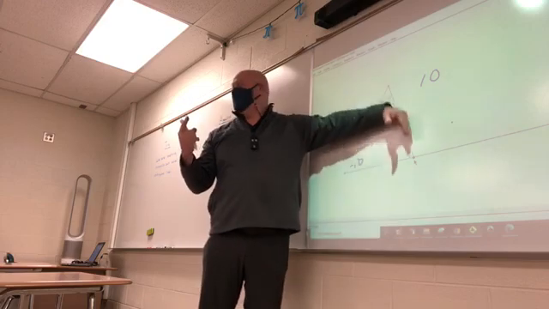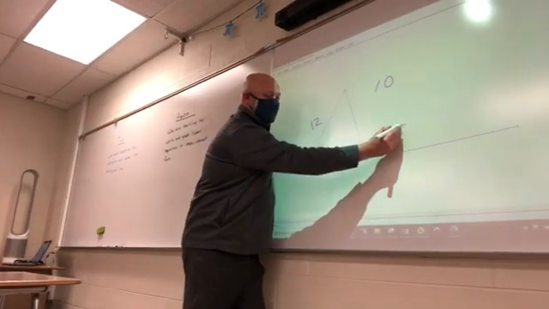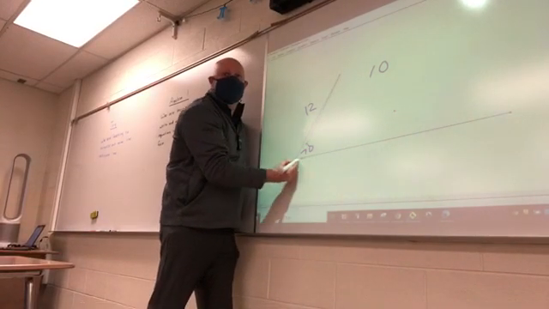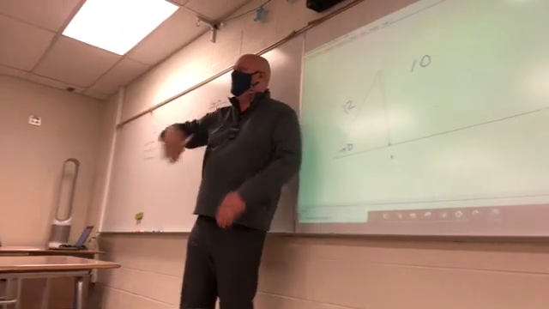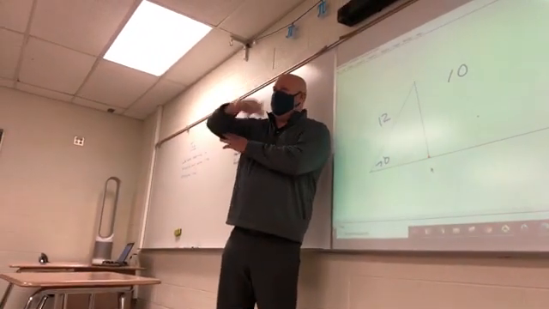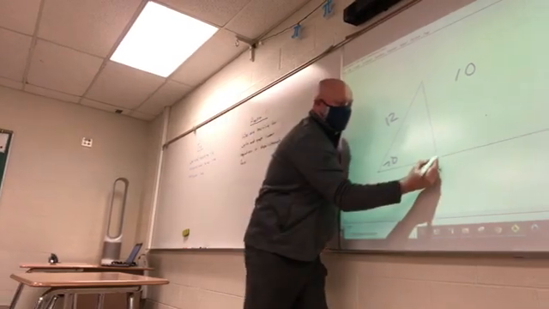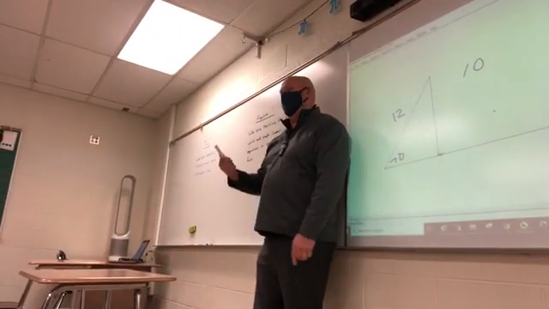What would have to happen to this side? It'd have to be just perfect to where as you swing that down, it just kind of scrapes the grass, right? That arm of the excavator just barely touches. And if that's the case, what kind of triangle do you think that is? Right triangle. That'd be a right triangle.